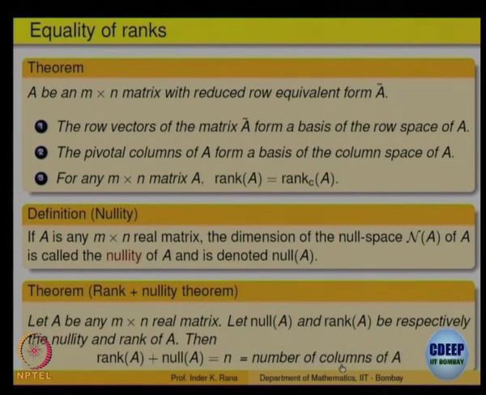So, what we have said till now, let me just summarize before I start looking at examples. Given a matrix A, there are three important subspaces associated with it. One is the row space, that is the space spanned by the row vectors of the matrix. There is the column space spanned by the column vectors of the matrix, right.